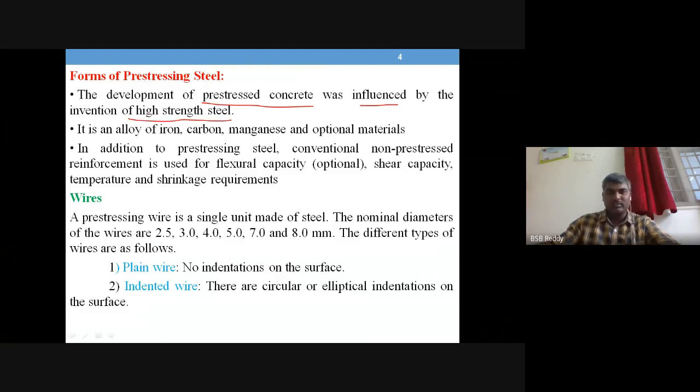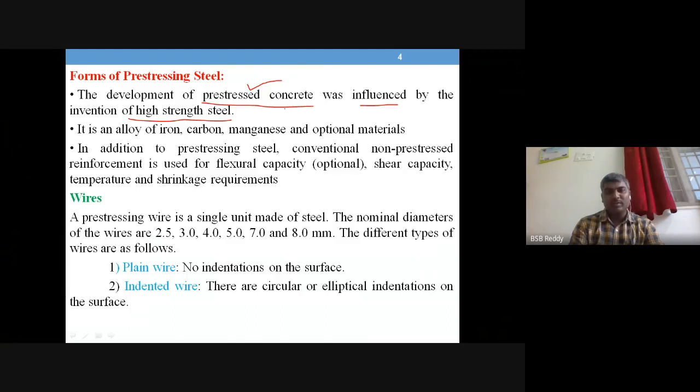Without this high-strength steel, we can't imagine a pre-stressed concrete because in the initial introductory content itself, we have talked about the need for high-strength steel. When you use normal steel for pre-stressing the concrete, the pre-stress which you induce in the concrete is lost, and the final remaining pre-stress is almost negligible, zero.